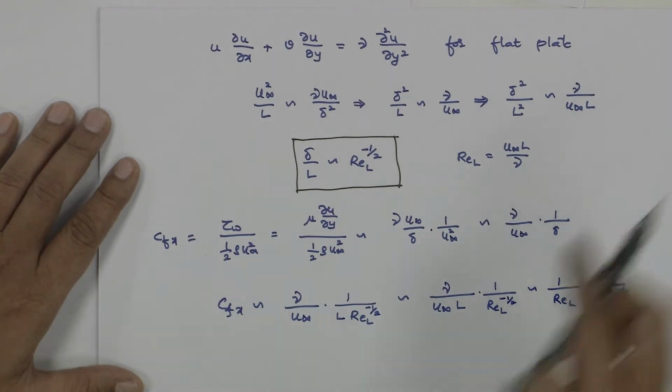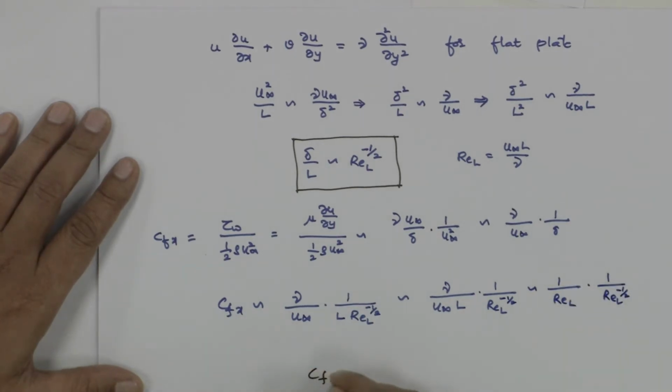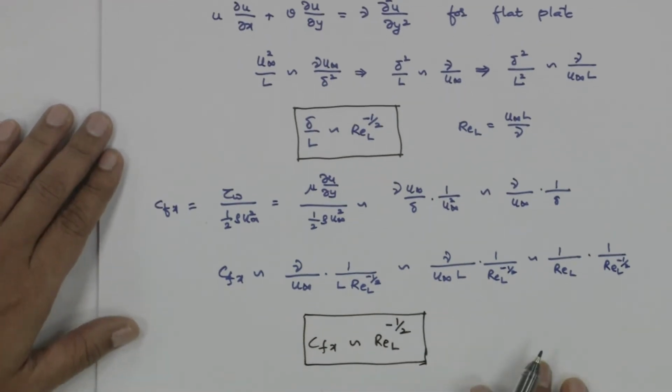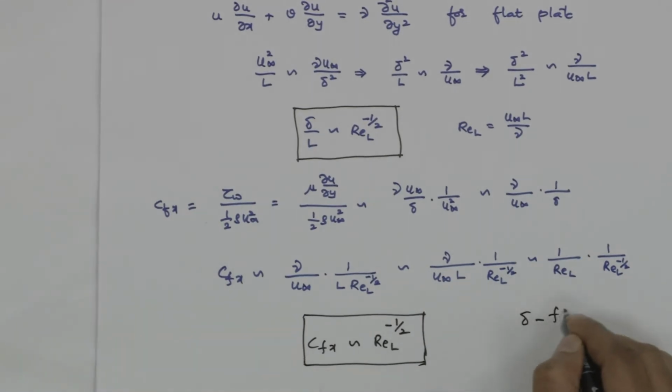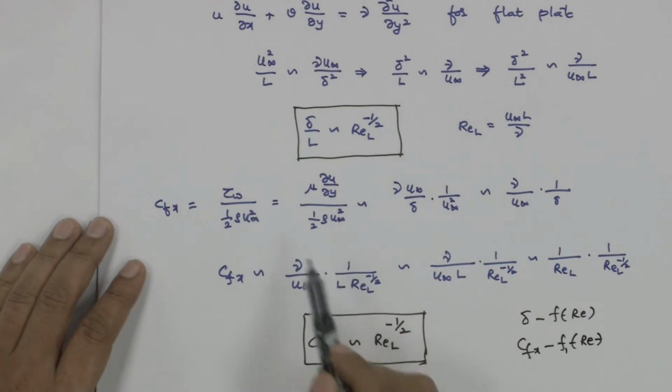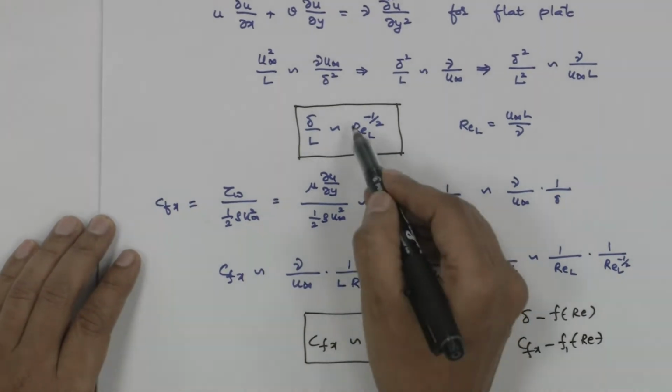So I get C_f of x is of the order of Re_L to the power of minus half. You see, from our non-dimensionalization we had gotten that delta is a function of Reynolds number and C_f of x is a function of Reynolds number. So we have gotten the same thing. What is missing now is only the constant.